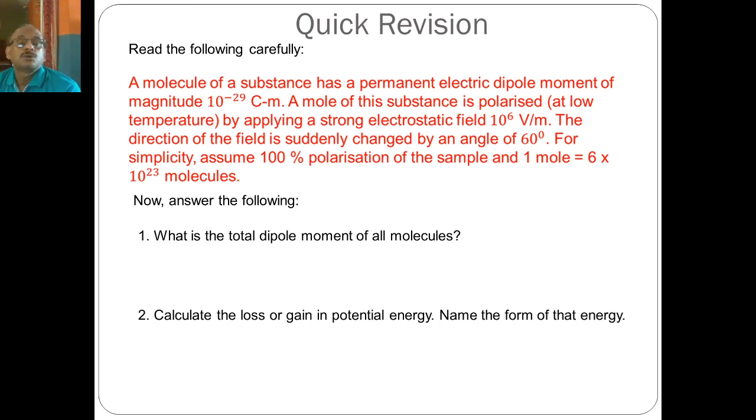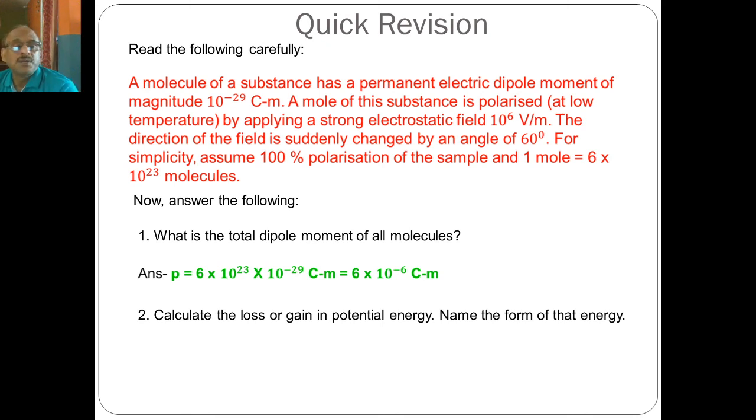So the total dipole moment will be 6 into 10 to the power 23 times the dipole moment of one molecule, and that will be 6 into 10 to the power minus 6 coulomb meter.